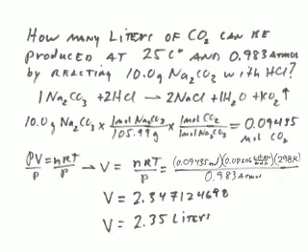PV equals nRT, so V equals nRT divided by P, the volume that 0.09 moles of gas will occupy, times 0.08206 liter atmospheres per mole K, times 298 Kelvin divided by 0.983 atmospheres of pressure, 2.347, etc. So 2.35, moles cancel moles, atmospheres cancel atmospheres, Kelvin cancels Kelvin. So we could produce 2.35 liters of CO2 from this reaction.